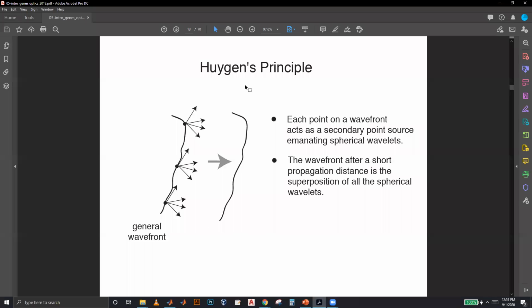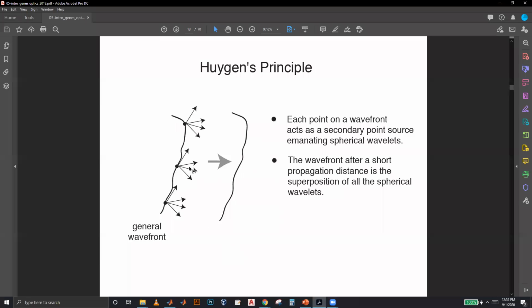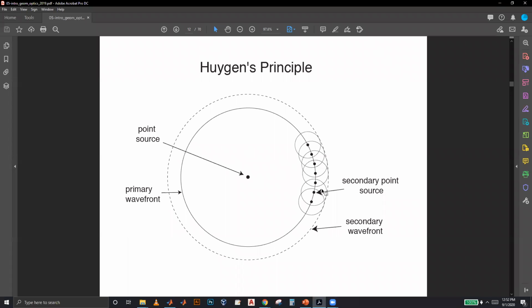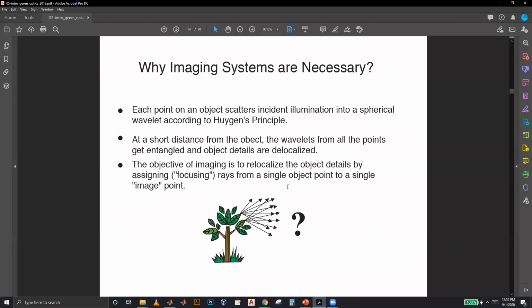And why did we talk about this principle? Imagine you have some objects in space and light is scattering off that object. That's how we basically see anything, right? Once light scatters off different points on an object, it is going to create all these different small wavelets, which basically go out in space.